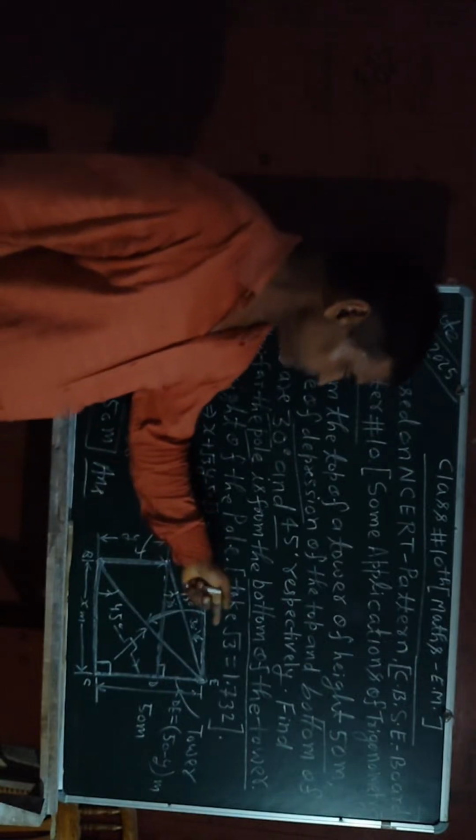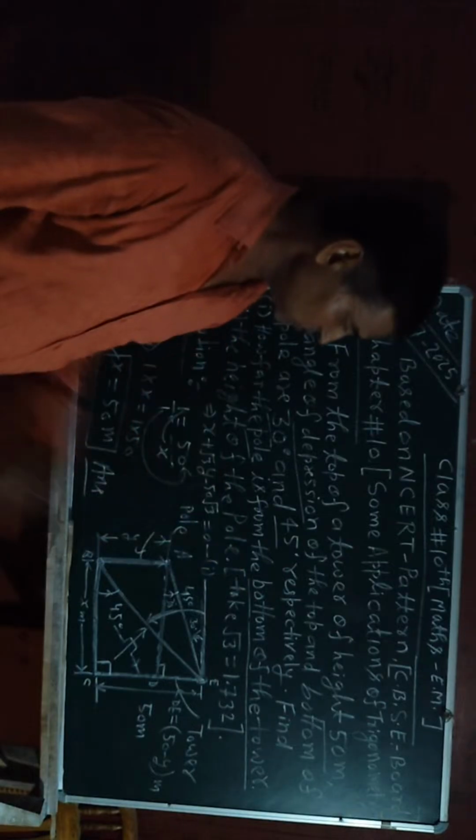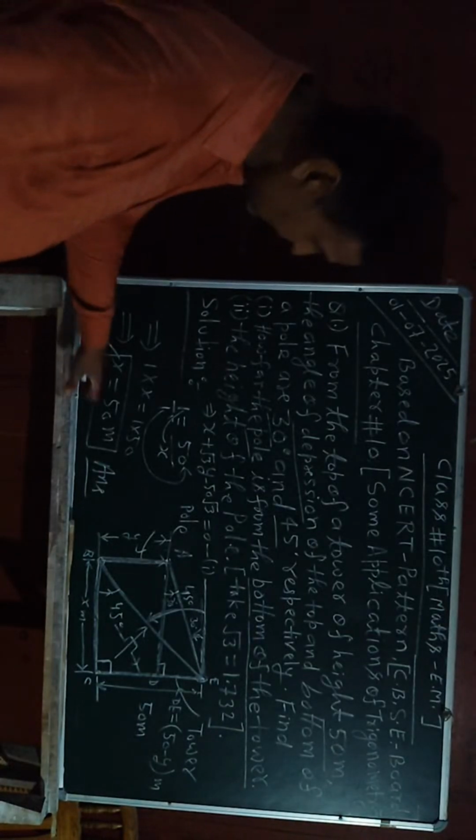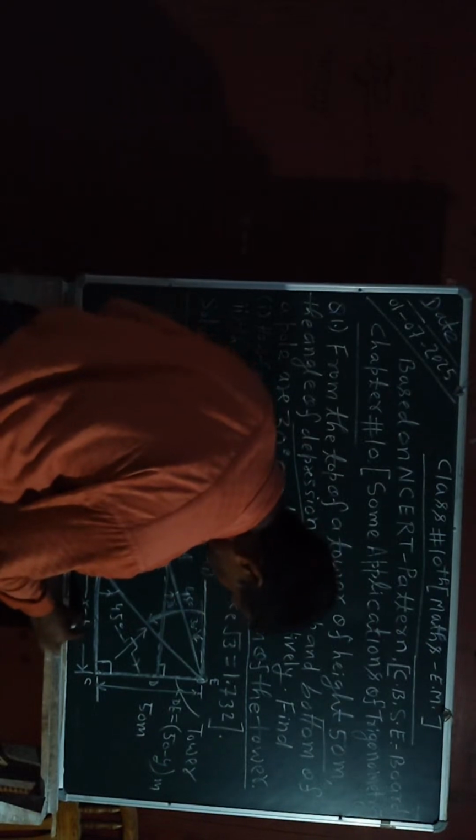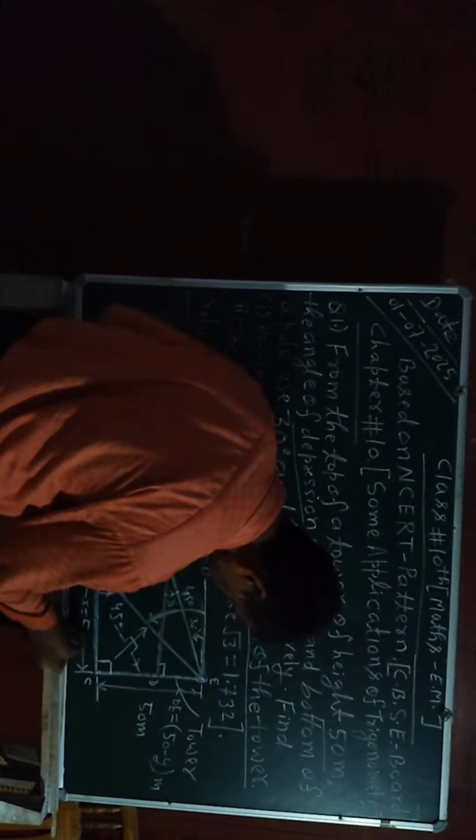Otherwise, if its value is given in the question paper, you use it from there. That will be in table 4. Here the value of x is 50 meter. I have got it from the calculation.